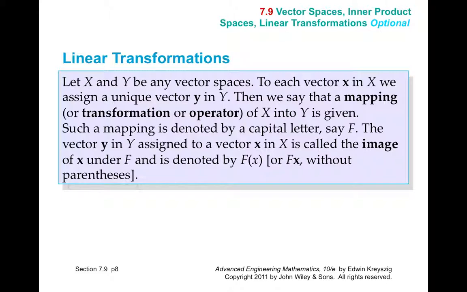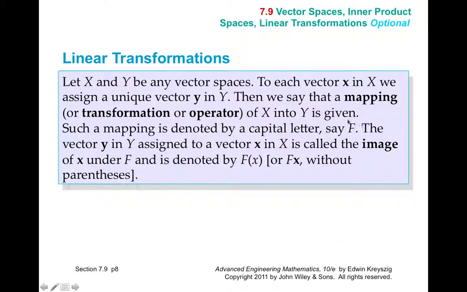So one thing that we can then do is a mapping of a vector in a vector space X into a vector space Y. And that's denoted by the use of a capital letter.